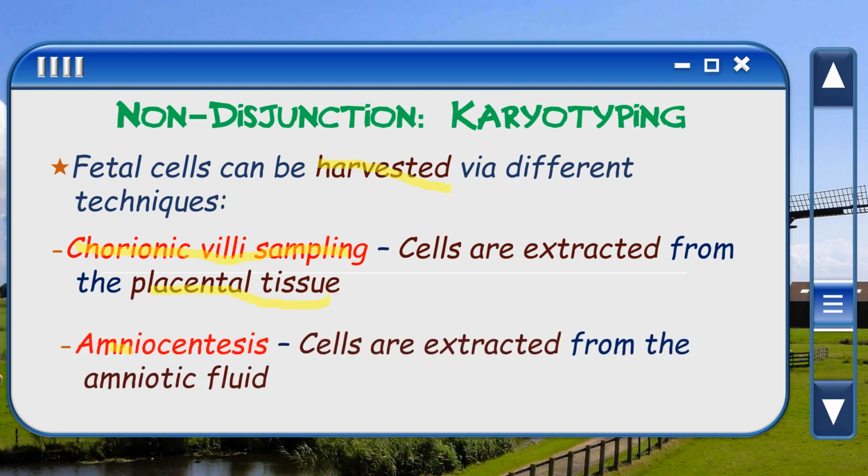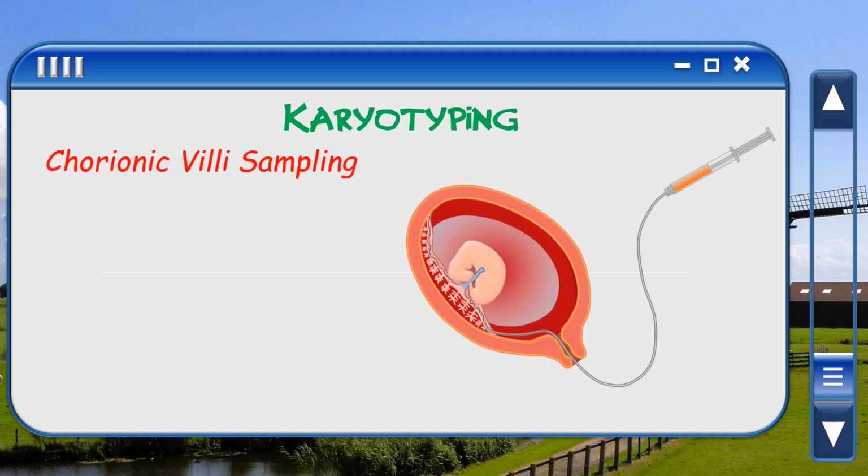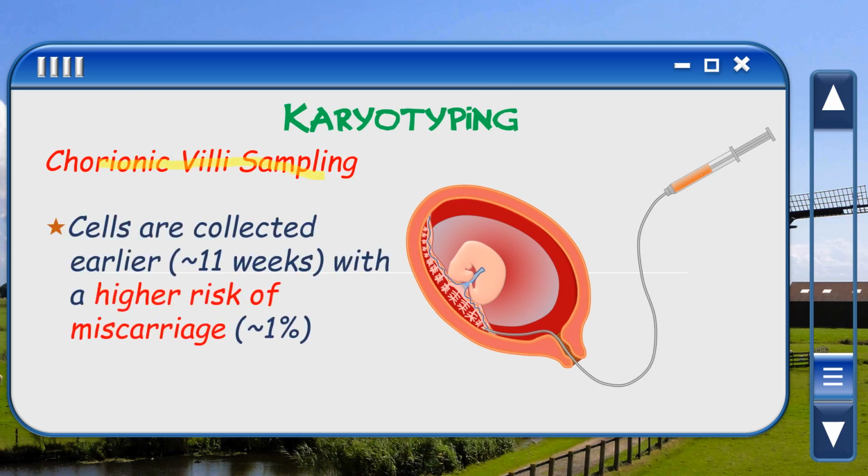Then we have amniocentesis, where the cells are extracted from the amniotic fluid. With chorionic villi sampling, the cells are extracted earlier, at approximately 11 weeks.